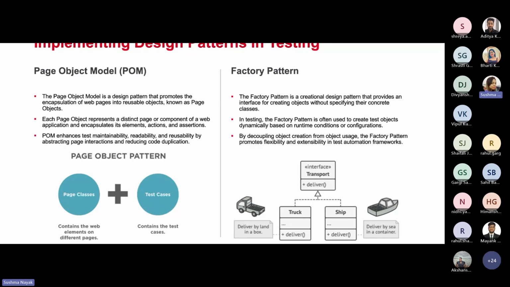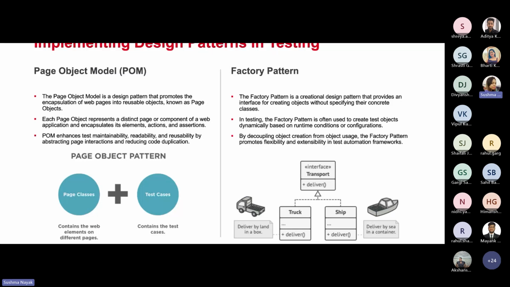Whenever we are writing a test script for UI, we'll always be keeping the page object model in mind. It aims to enhance the maintainability, readability, and usability of test code by abstracting UI components of web pages into separate classes and objects.